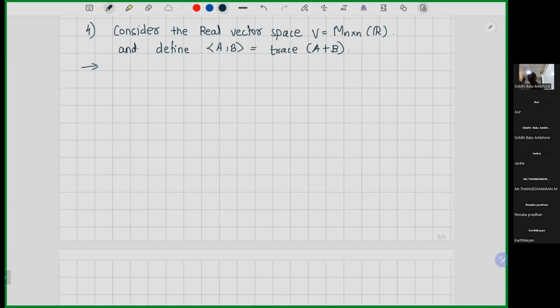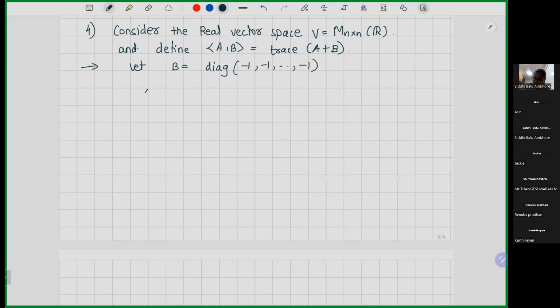No, because it may fail positivity. Yes. Can you give me a counter example? Maybe B equals minus something. Just take a diagonal with all negative entries. Addition will still be fine without any problem.